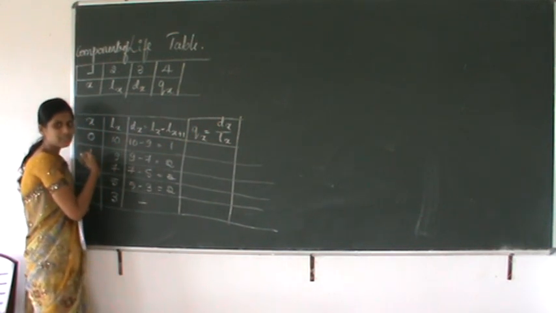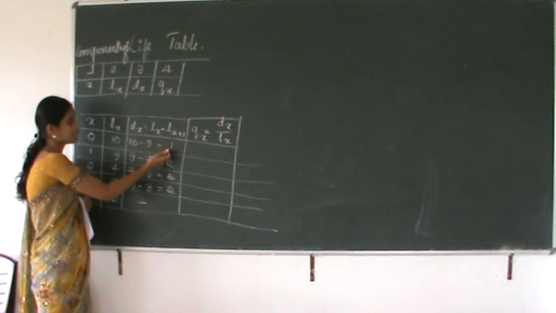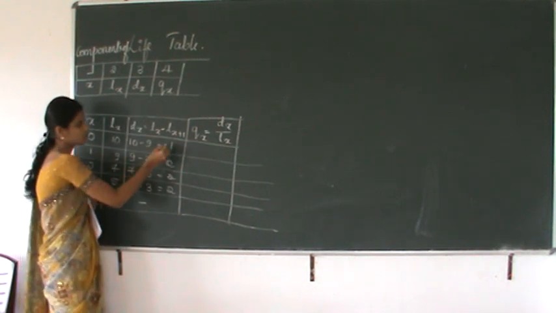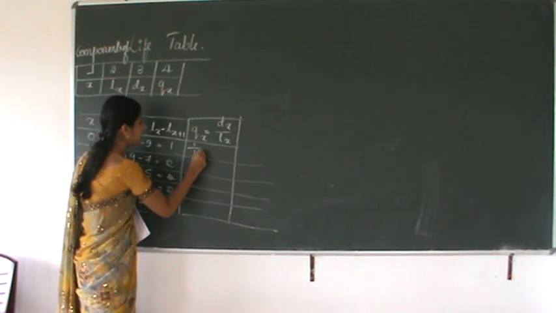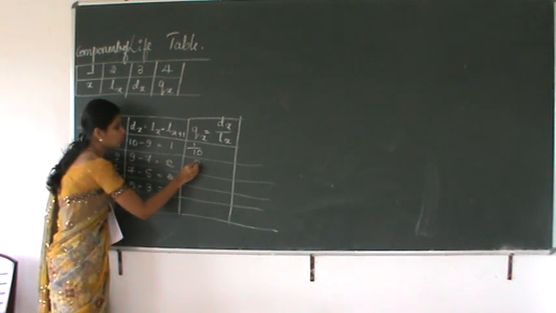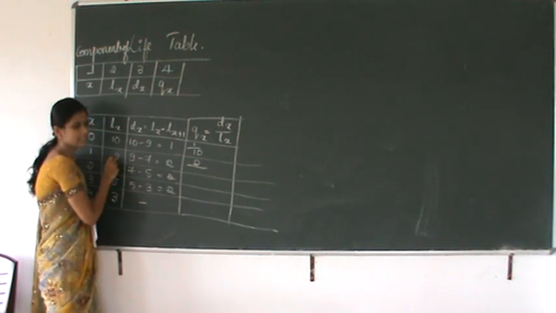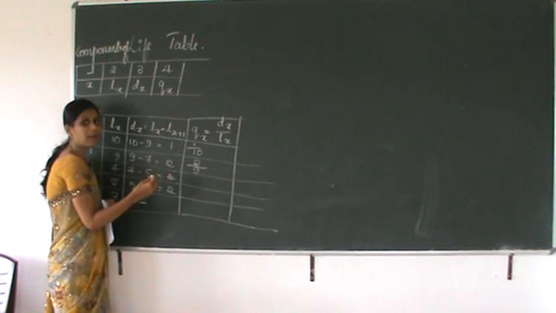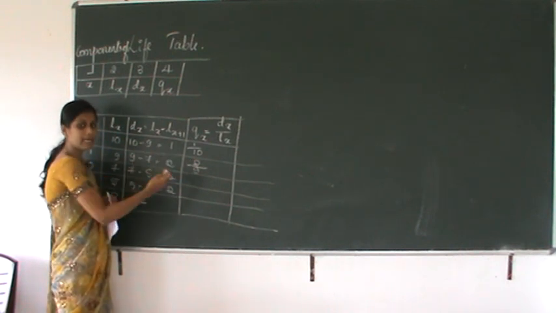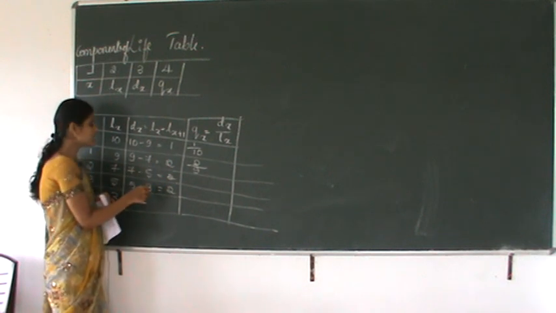The information is available with us, so we can easily calculate. dx is 1 divided by lx is 10, so qx will be 1 divided by 10. Next, dx is 2 divided by lx is 9. This is a probability, the probability that a person of age x will die before reaching the age x plus 1.